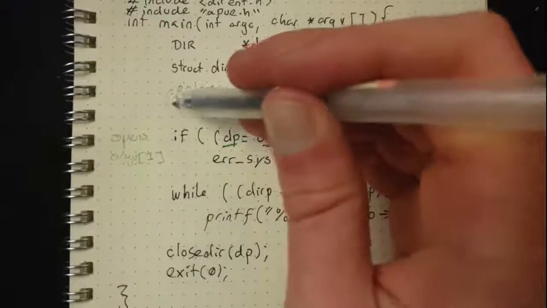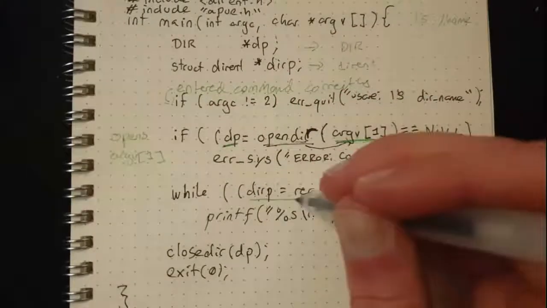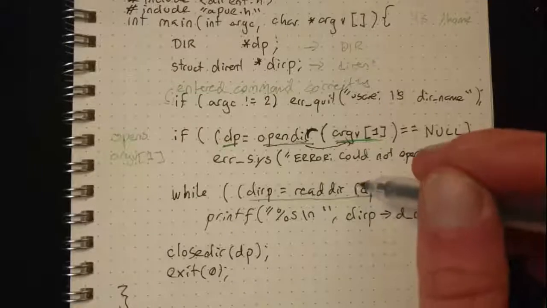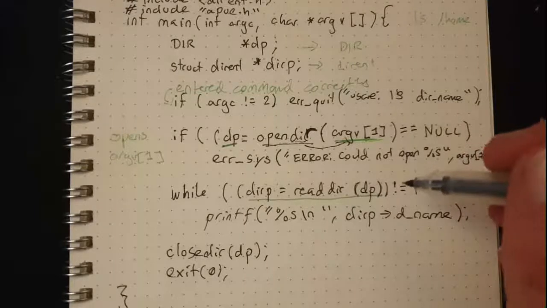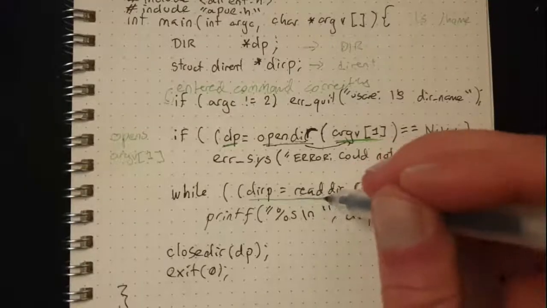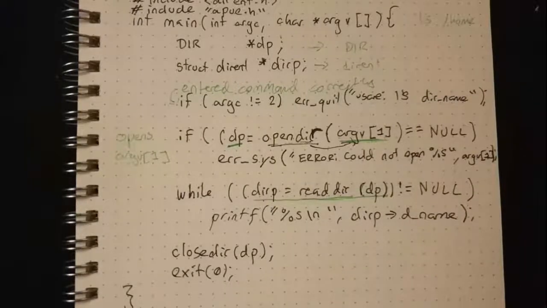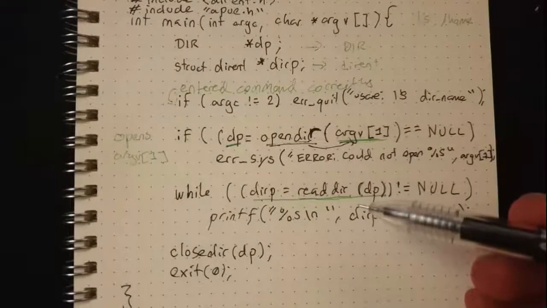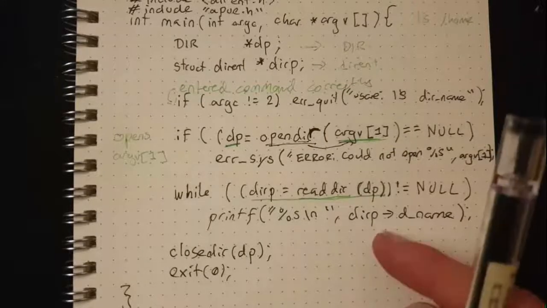And if that's okay, then it continues and opens the directory. If that's okay, it opens the next file within the directory. So readdir, I think, basically saves within DIR the next file that it's reading, so it saves the index that it's on.